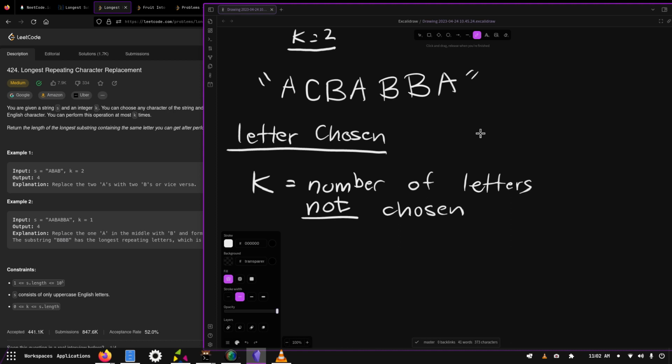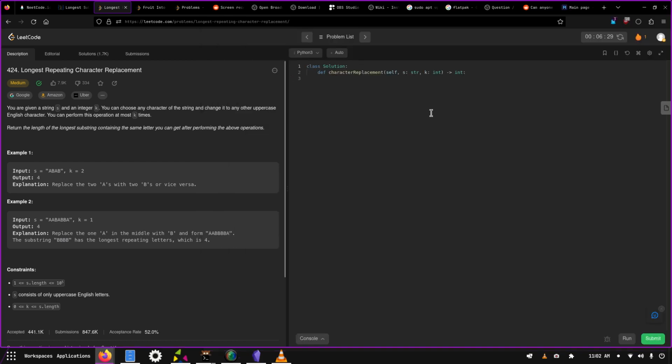Okay, so now I have some sort of intuition, so I'm going to try to code up what I've seen so far. Timer is going. I started this a little early, but that's fine. So we want a left pointer for sure, which is the start of our sliding window. We want occurrences, which we'll use to pick our most frequent letter.